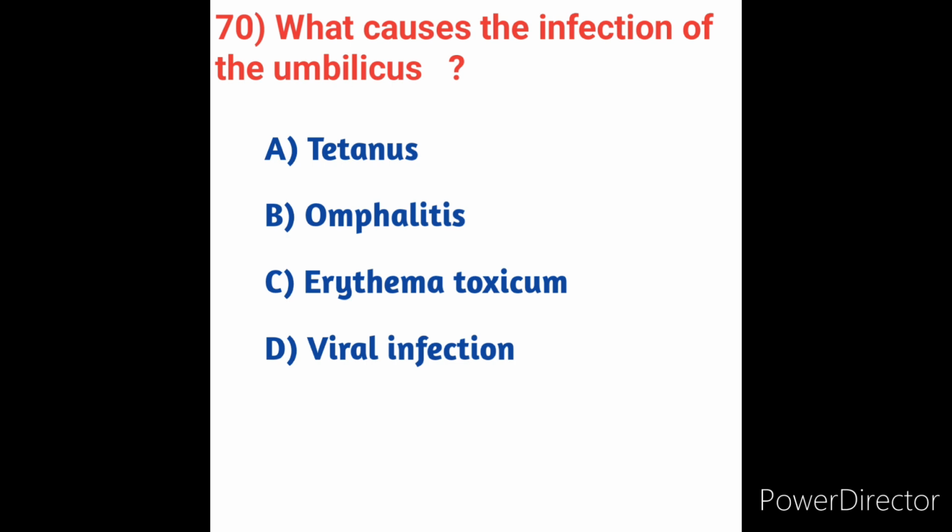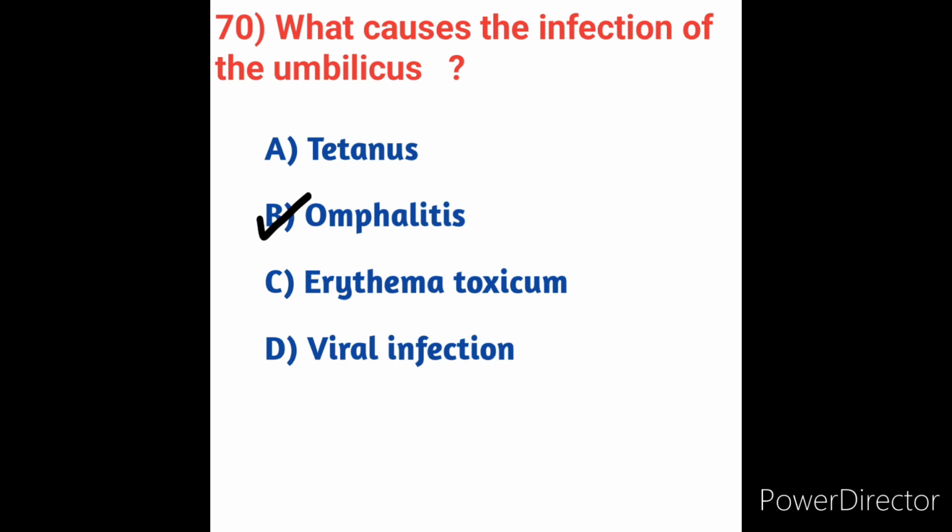A combination of parenterally administered anti-staphylococcal penicillin and an aminoglycoside antibiotic is recommended for uncomplicated omphalitis. Intravenous antimicrobial therapy with clindamycin or metronidazole may be indicated. So here option B is the correct answer.